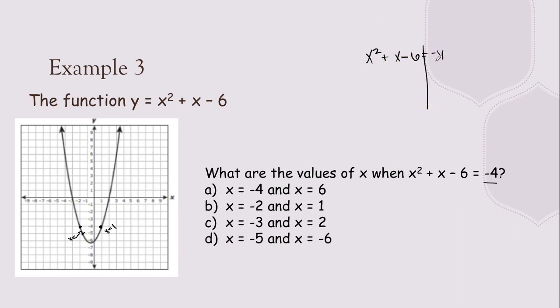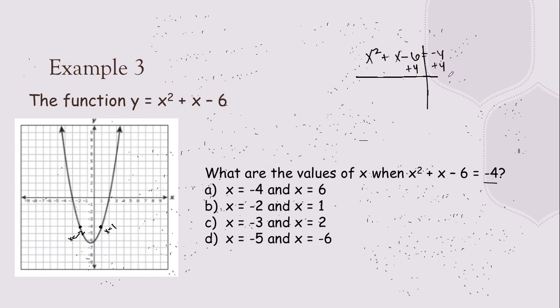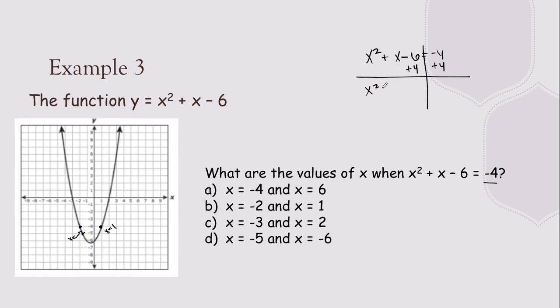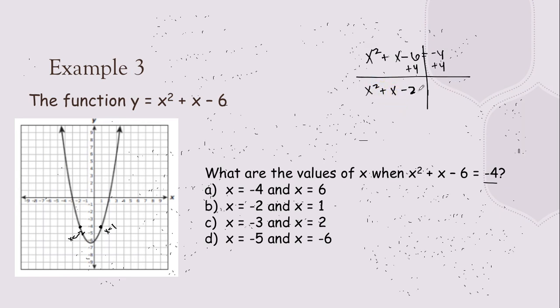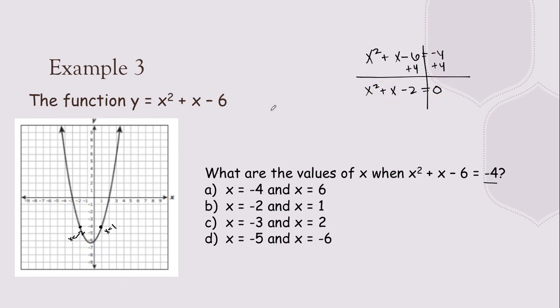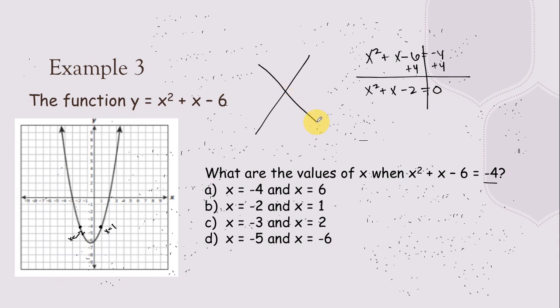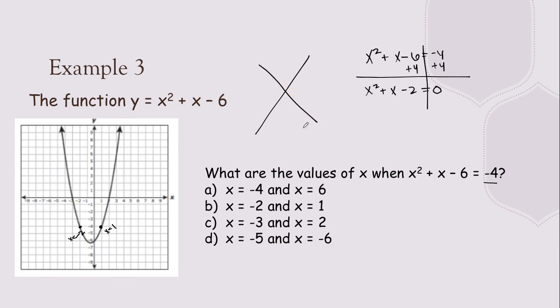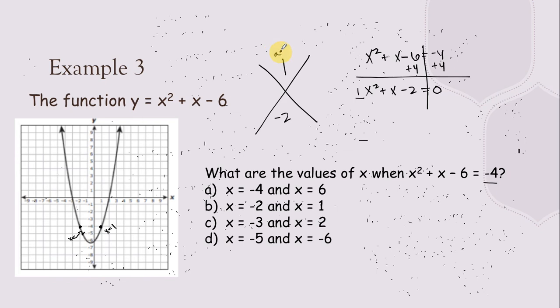I don't want it equal to negative 4. I want it equal to 0. So I'm going to add 4 to both sides, giving me x squared plus x minus 2 equals 0. I can use the x method. Why can I use the x method? Because my a value is 1. So I'm looking for what adds to get me 1, but multiplies to get me negative 2.